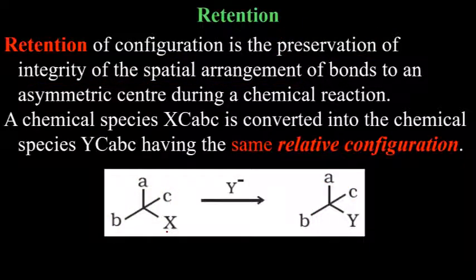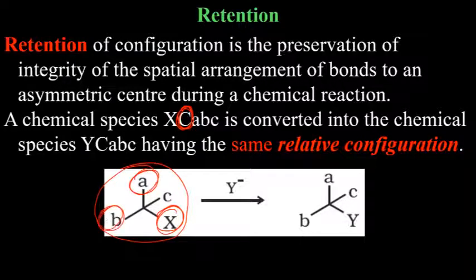So a chemical species XCAB. This is a way to represent this molecule, and sometimes it is written in the questions like this. So it is necessary to tell you that it is nothing but the carbon, this carbon has X, A, B, and C attached to it. Nothing else.